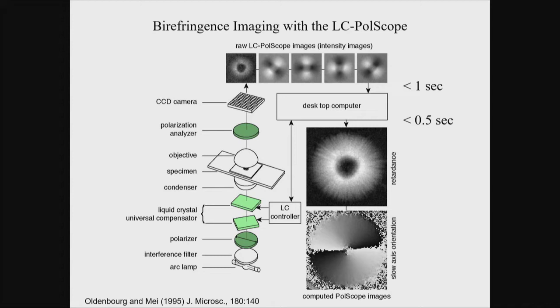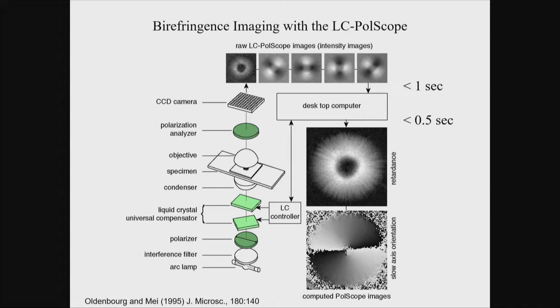It's a delta n, n for refractive index. And then the slow axis is the direction for which the refractive index is highest. A high refractive index means the speed of light is slower for that polarization, and so that's where the names come from.